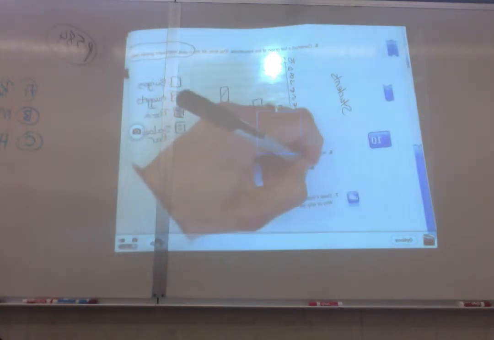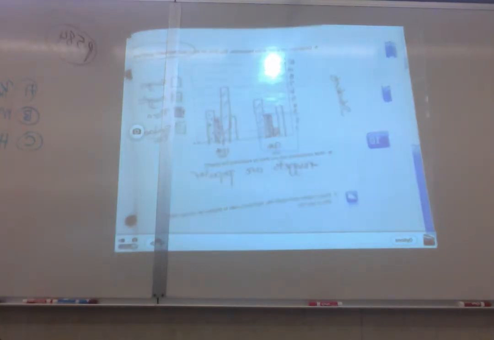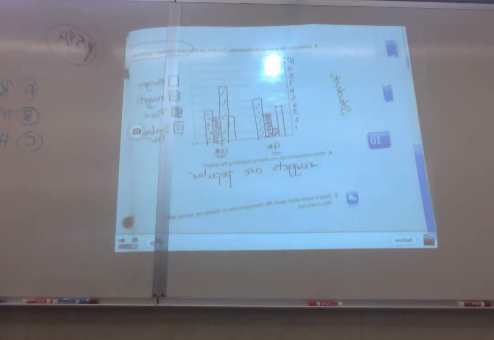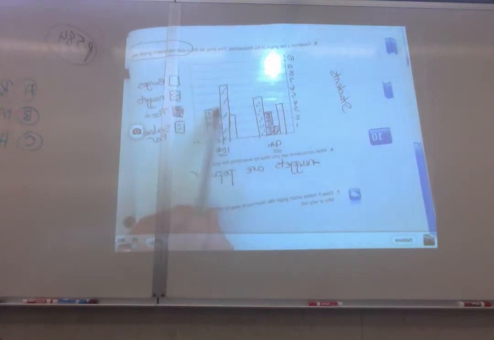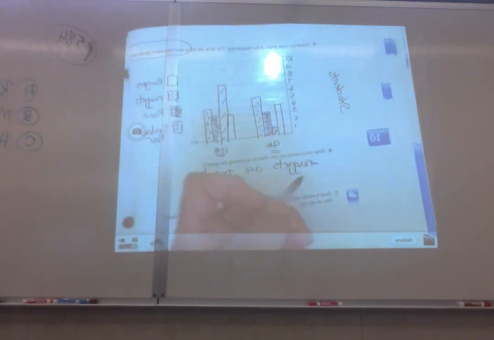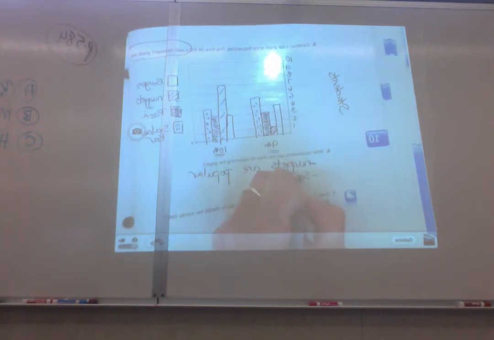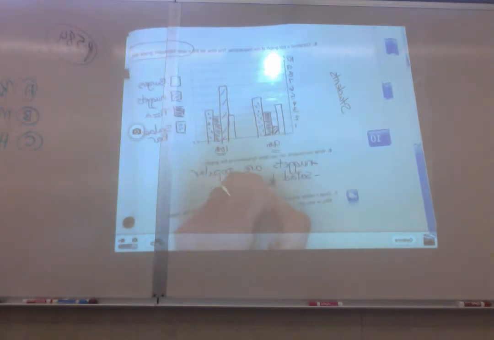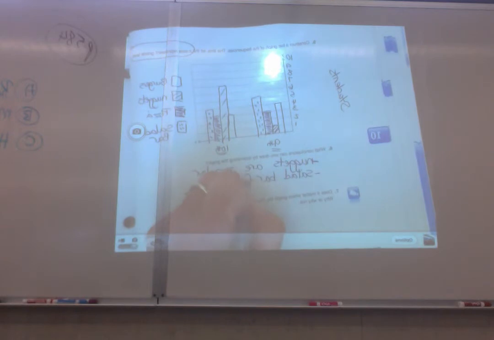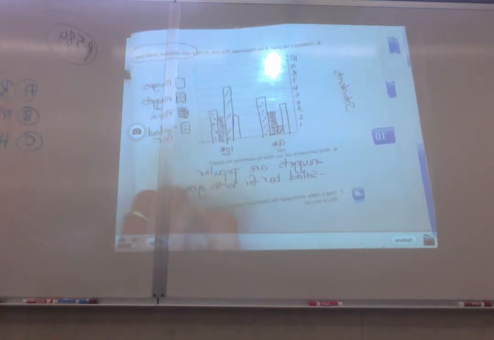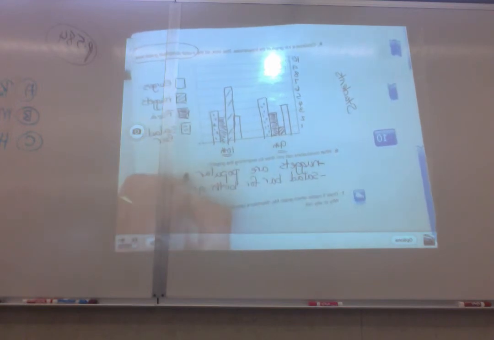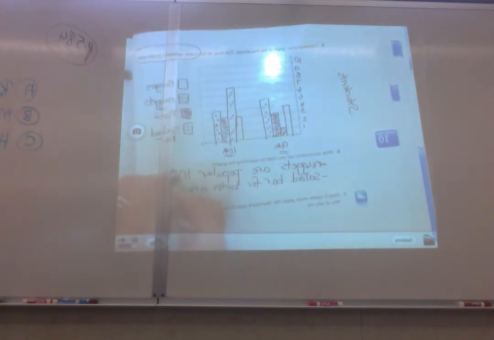Nuggets are popular. What else is popular? Salad bar. Look at that. I see my salad bar as good for both grades. Maybe nuggets are popular in 10th grade.